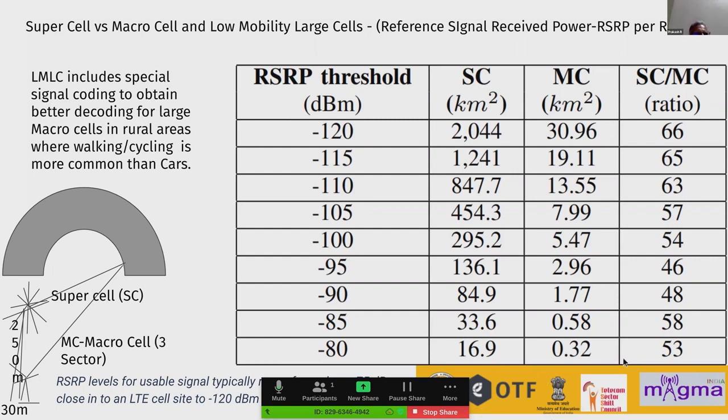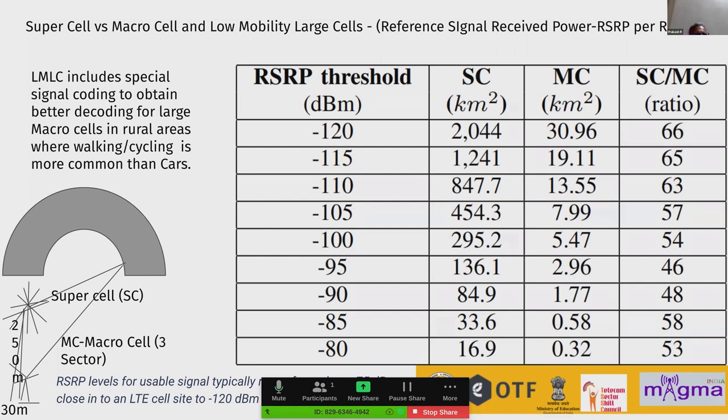If you go for LMLC, then you may have to have a bigger tower with the same macro cell, or you can use a supercell, for example Facebook tried. You have 64 cells distribution with multiple antenna arrays and all that. If you do that, then your range may increase. So instead of going for a few kilometers, you can go to tens and hundreds of kilometers. So basically you are increasing your range.